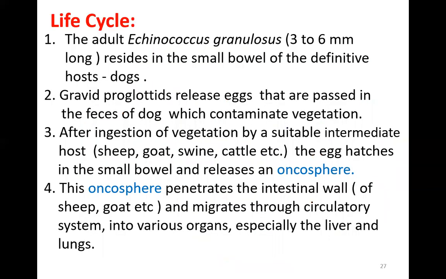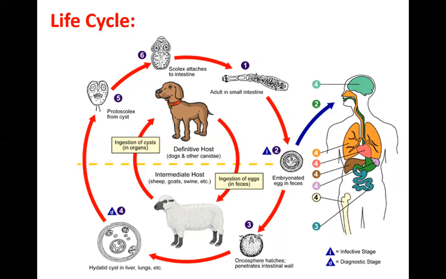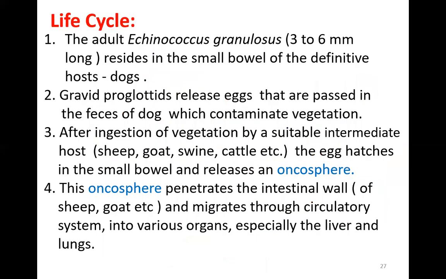These protoscolices develop into adult worms, which get attached to the intestinal mucosa of the dog. In this way, the life cycle of the parasite goes through the dog, the definitive host, and the sheep and cattle, that is the intermediate host.